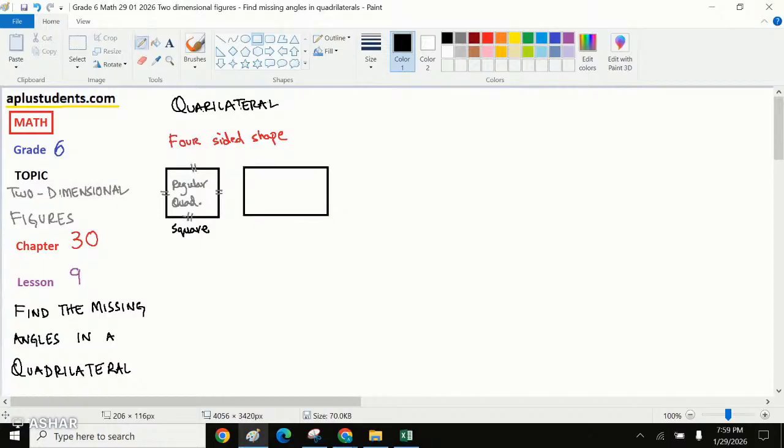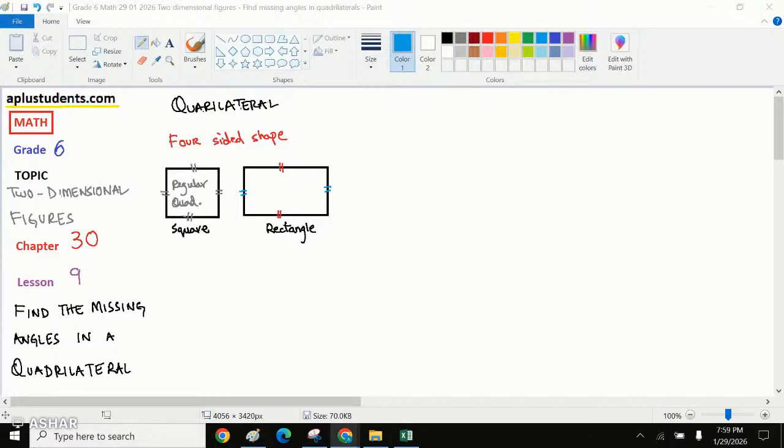In case of a rectangle, we have two pairs of parallel sides, right? Then this length and this length would be the same, and the width will be equal to the width. But this is not a regular shape, right? Because all sides are not of the same length.